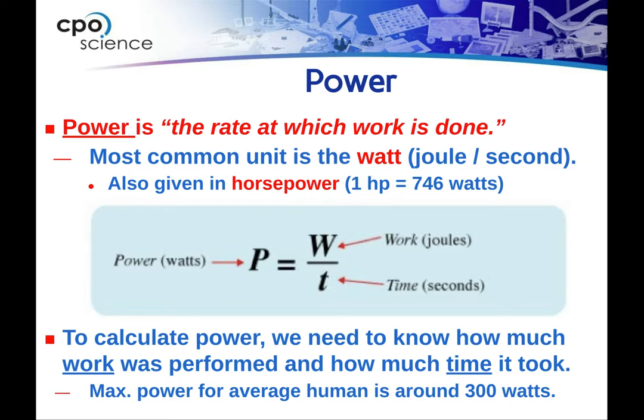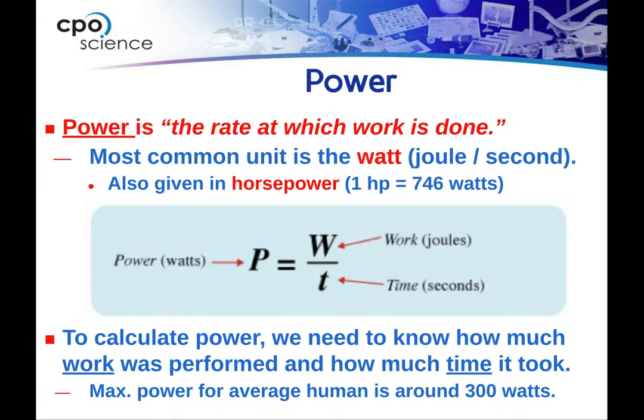It's also given in horsepower. We won't use horsepower, but if you were to see a worksheet problem that says an object has 1 horsepower, that's 746 watts. When you talk about a lawnmower having 3 horsepower, it gives us a better comparison than saying 22,045 watts.